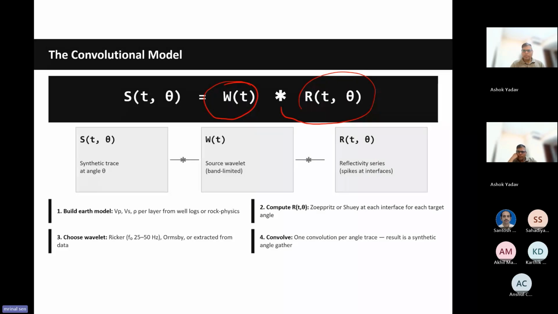Now one other thing that is done in industry is they use angle dependent wavelet also.